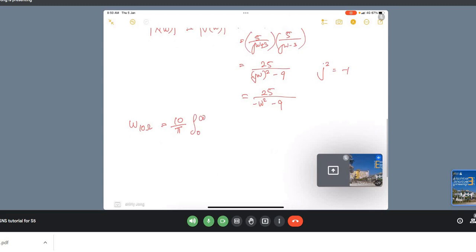The integral from 0 to infinity of X(omega) squared d omega. Okay, first of all, there is something wrong here, because the box is 25 minus omega squared plus 9. Negative 1.